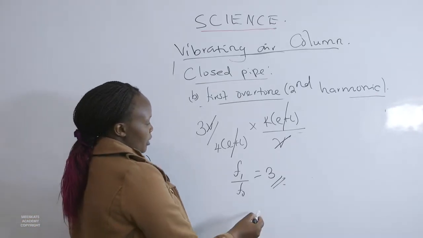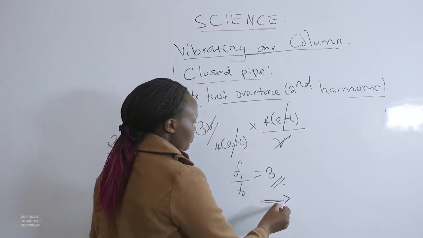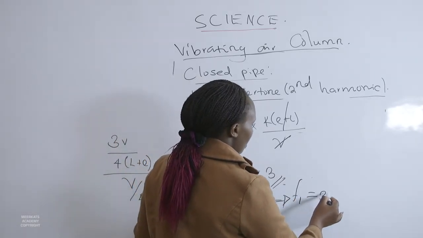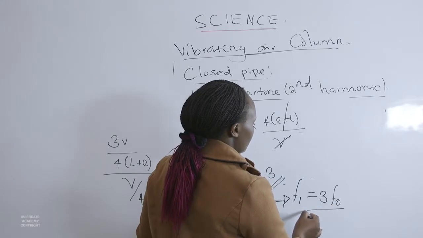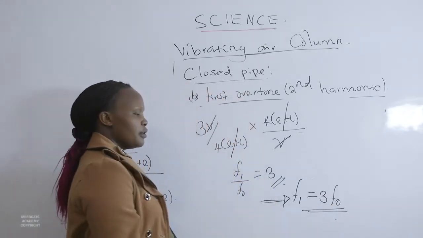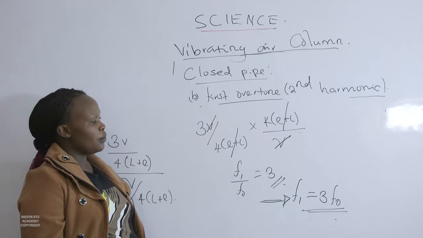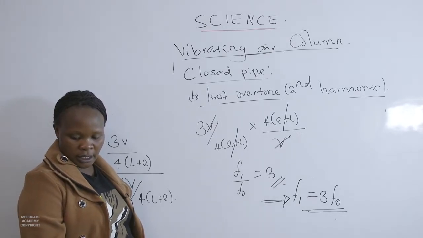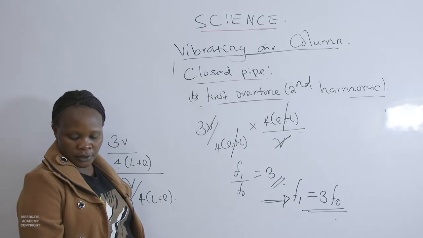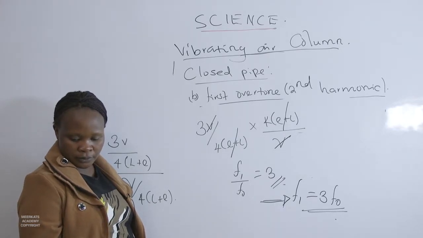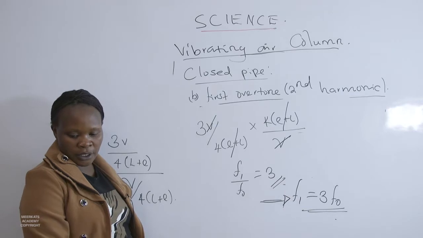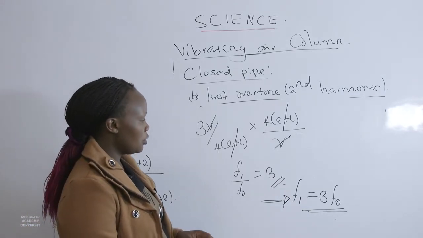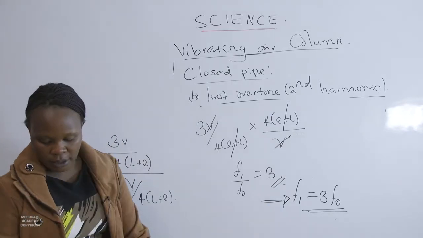That implies that F1 is equal to 3 times F0. F1 is equal to 3 times F0. Now clearly we can get a relationship there.